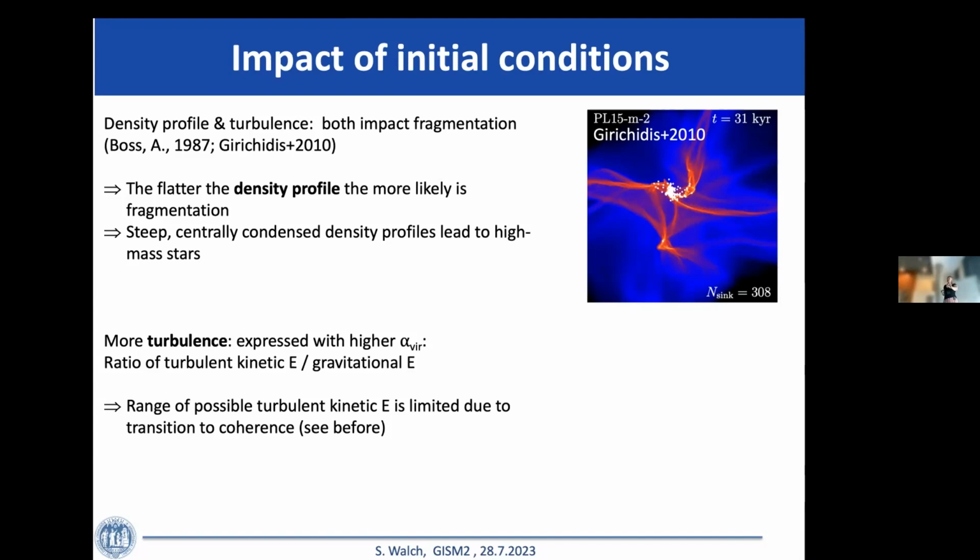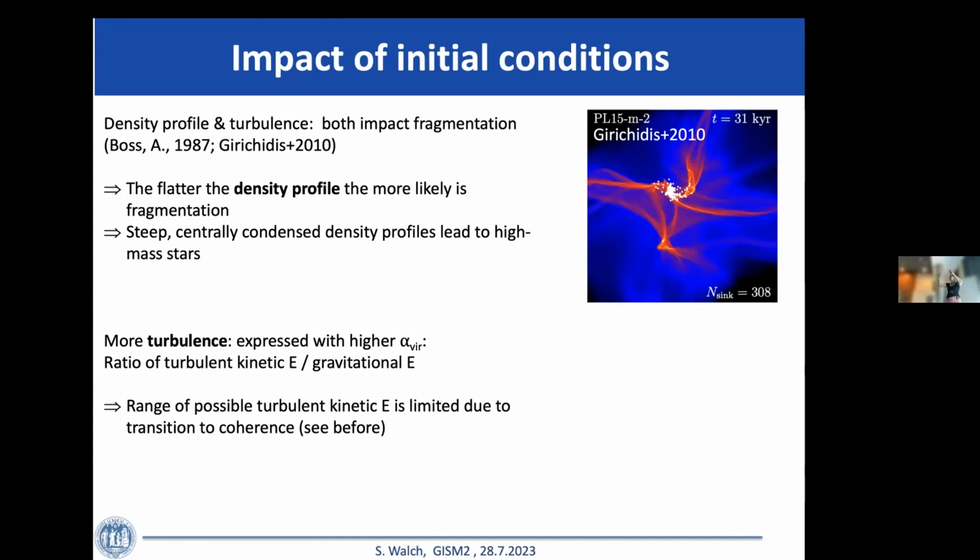And in particular, if they have power law profiles, like these Plummer type profiles, then they are very robust against fragmentation. That's what he found. And Philip Gerichidis also followed up on this work in 2010, and he found the same result, basically. So the flatter the density profile, the more likely it is to get fragmentation.